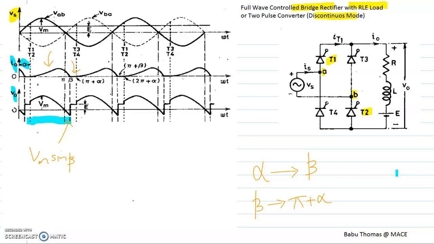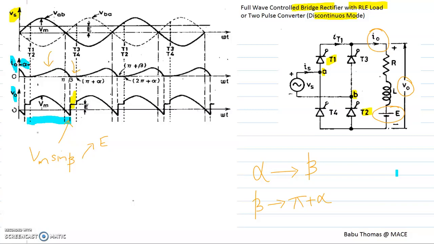When the load current I0 comes to zero, that means none of the thyristors are conducting, and therefore the voltage V0 will be nothing but your EMF E. Therefore the load voltage will be jumping from Vm sine beta to E from beta to pi plus alpha. That is shown over this particular region. It will come to the EMF E from beta to pi plus alpha.